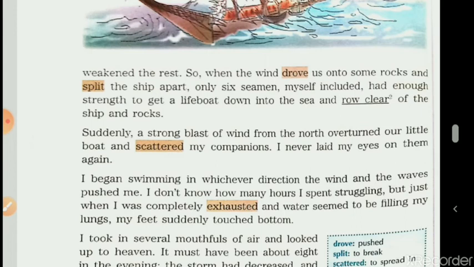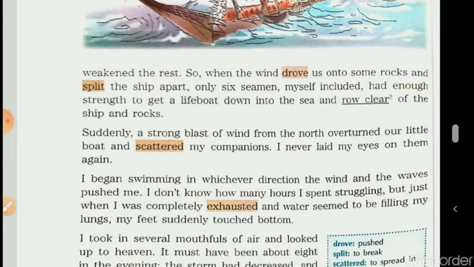How was the storm? It was violent, describing the storm. Fourth, little boat. Boat को कौन सा word describe कर रहा है बेटा? Little, and boat is noun. Fifth is six seamen. Six describe कर रहा है किसको? Seamen को.